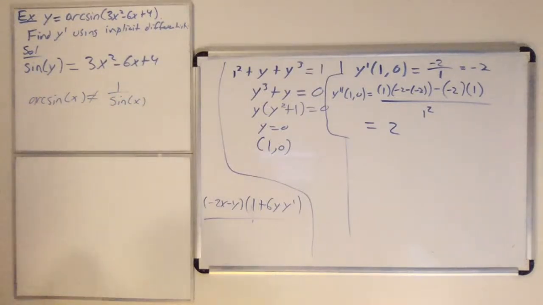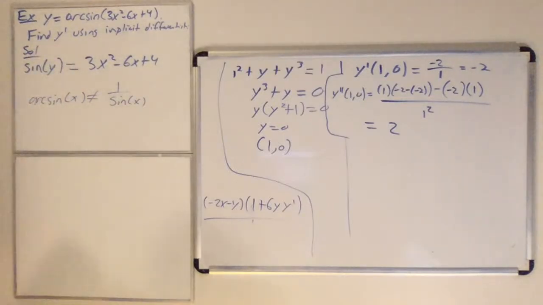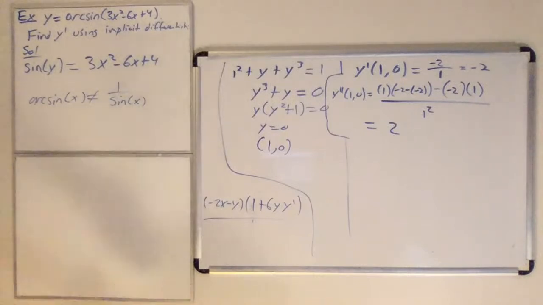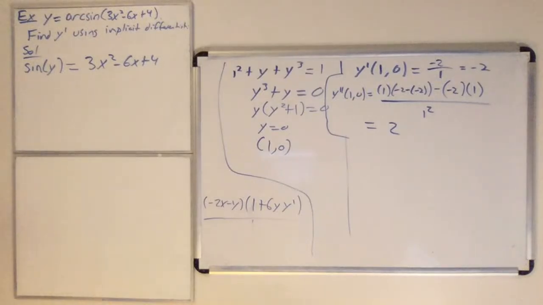The notation for trig functions is just so terrible, and that's why we use arc. Sine inputs an angle and outputs the ratio. This inputs a ratio and outputs the angle. So it reverses the function. But yeah, you may see the notation sine to the negative 1, and it means the same thing.